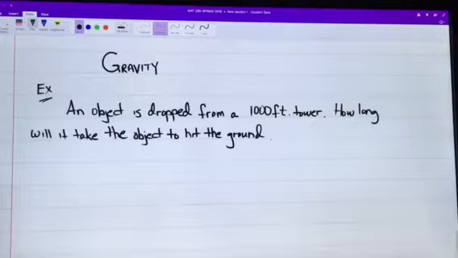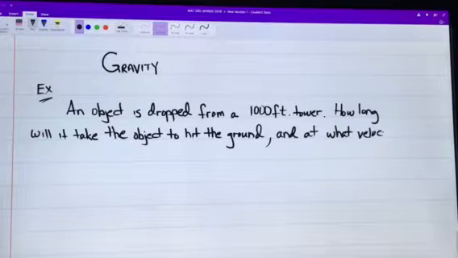Also, at what velocity does the object strike the ground?